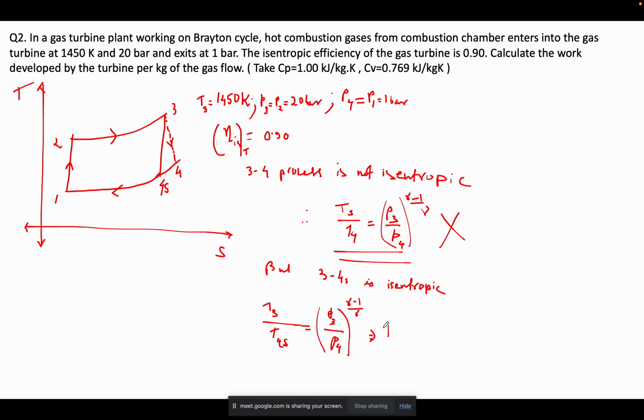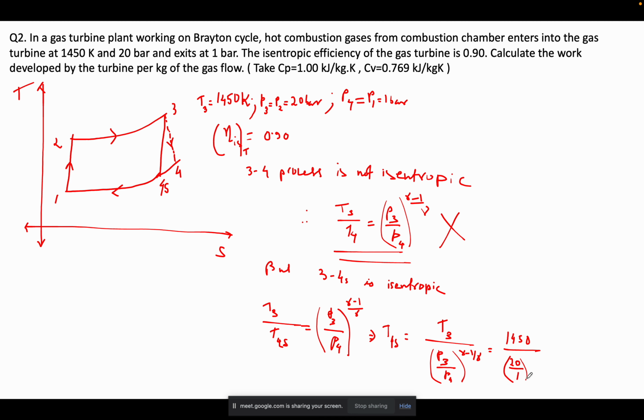From here I can calculate T4s as T3 divided by P3 by P4 to the power gamma minus 1 by gamma. T3 is 1450, P3 by P4 is 20 by 1.